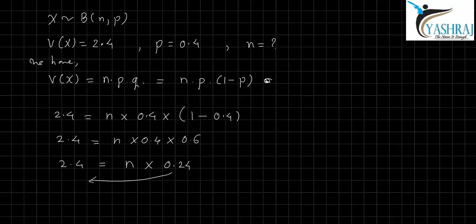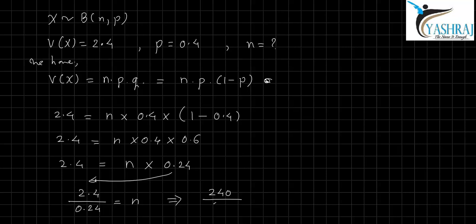Now for finding the n value, try to shift 0.24 from RHS to LHS. It is a multiplier, so on shifting it becomes a divisor. Divisor to whom? To 2.4. Now we multiply both numerator and denominator simultaneously by 100 to cancel out the decimal. We have after 2 places the decimal point, so multiply numerator and denominator by 100.